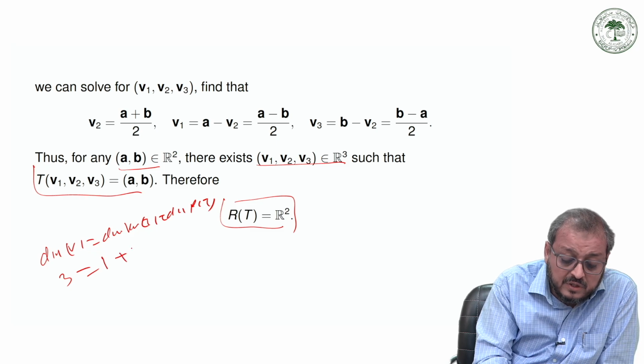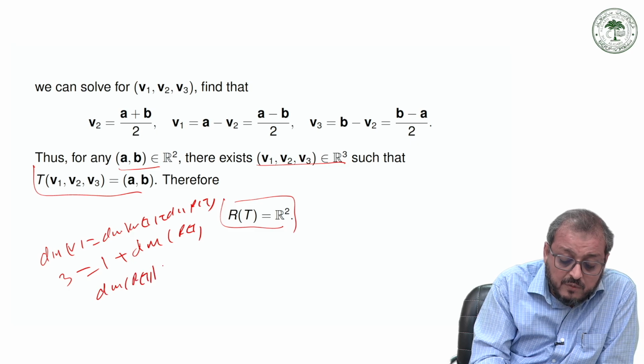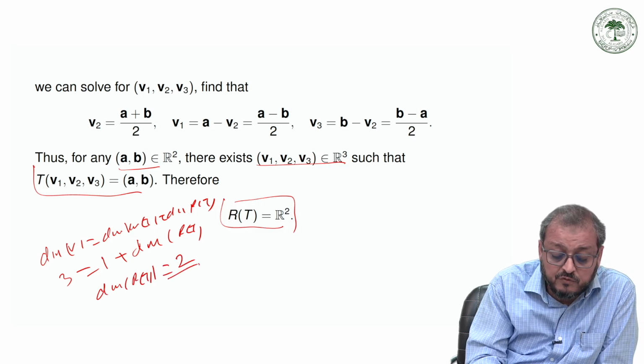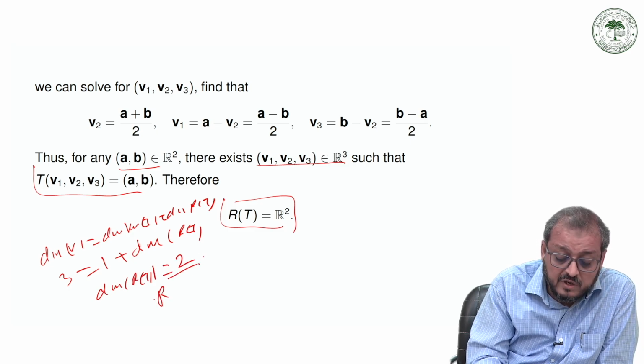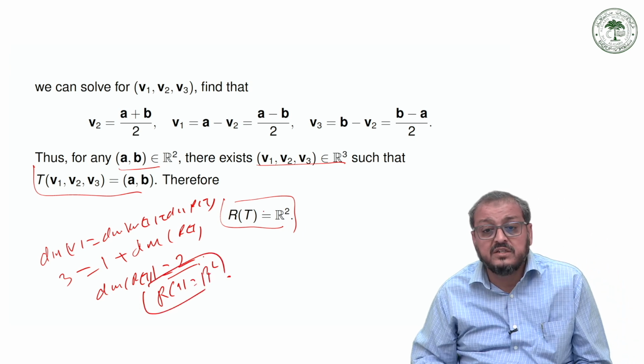Now the dimension of the range of T is equal to 2. If the dimension of the range of T is equal to 2, the range of T is clearly R2, and this generates the whole set.